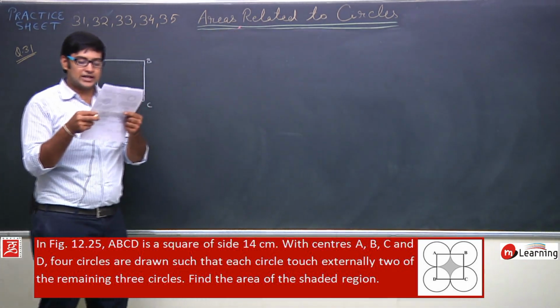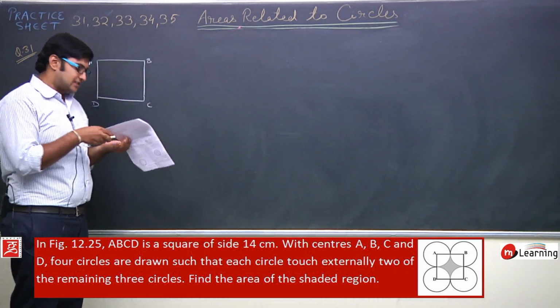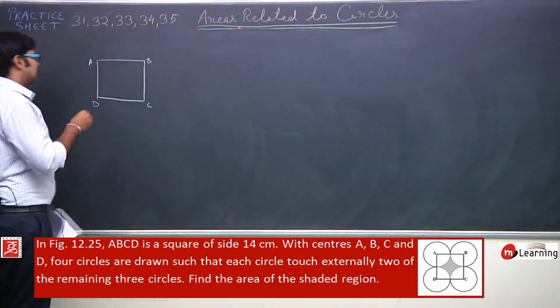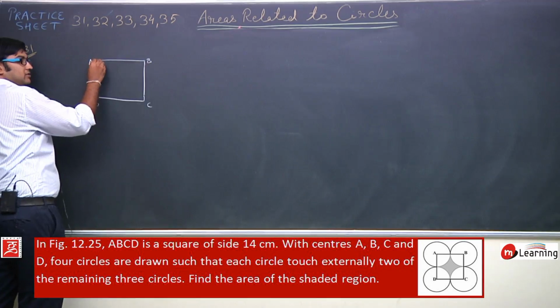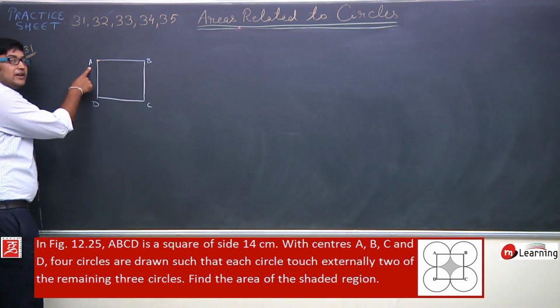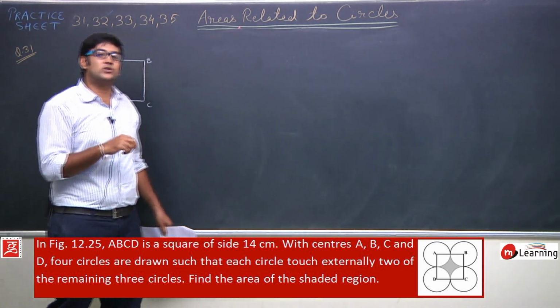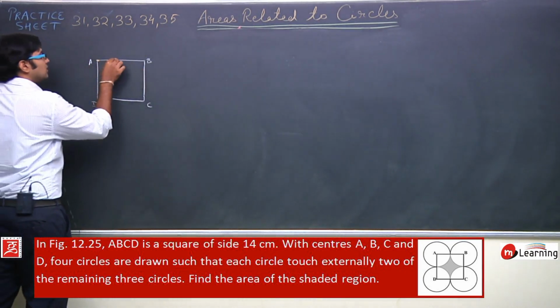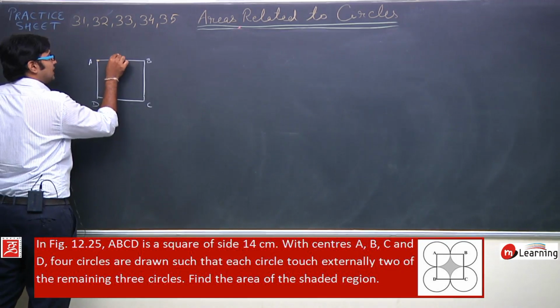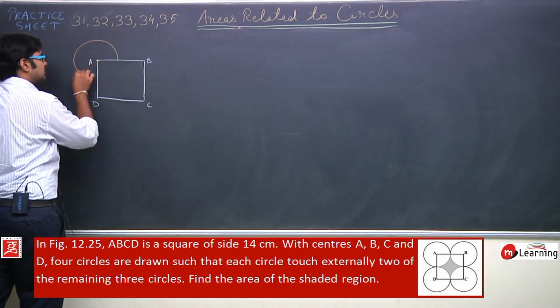And how have we drawn the circles? We have drawn the circles in such a way that the circle drawn from any point, for example from point A, will touch only 2 circles.